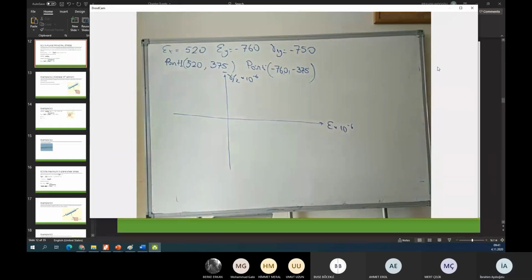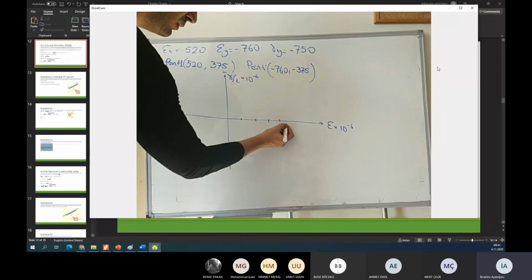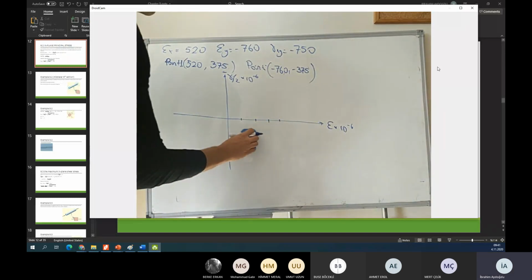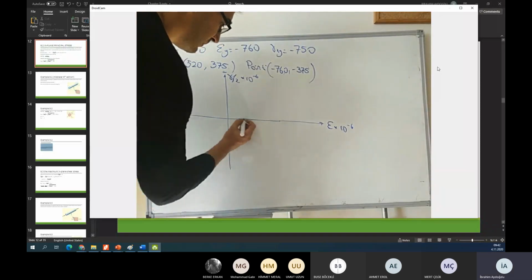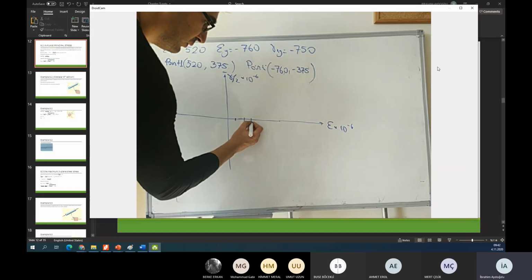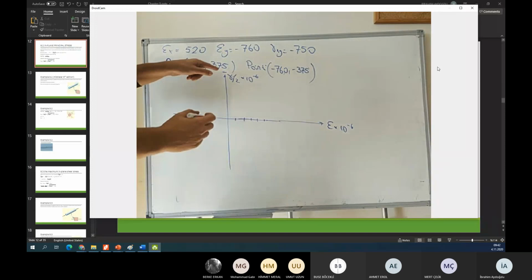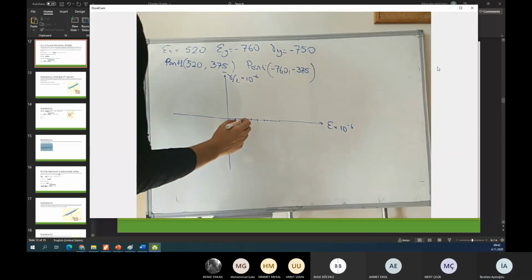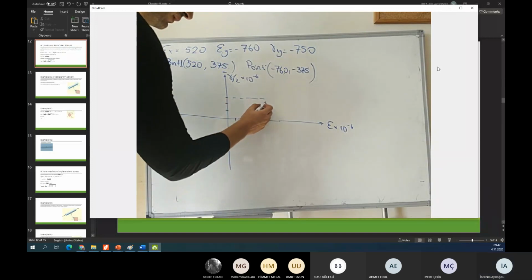Okay, I want to pick the first point at 500, 1, 2, 3, 4. No, I can't use a smaller part; 760 is such a big number. I'm comparing 1, 2, 3, 4, 5, like this. Okay, this is the coordinate. My coordinate is 3, 5, 1, 2, 3, and this is my first point.